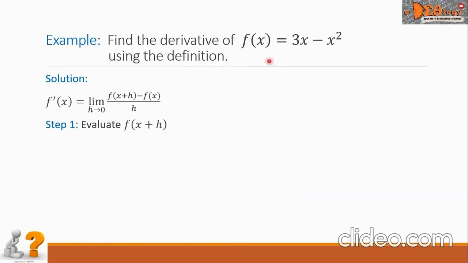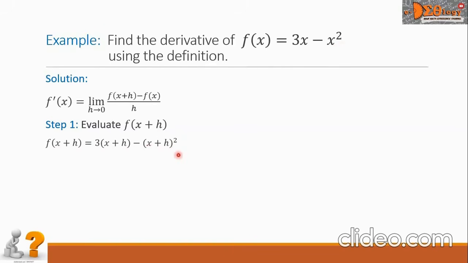Considering the given function, let us substitute x plus h for all the x that we see in the function. So f of x plus h equals, the 3x becomes 3 times the quantity x plus h, minus the x squared, which now becomes the square of the quantity x plus h.